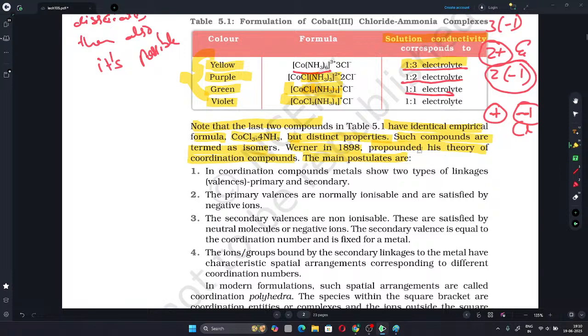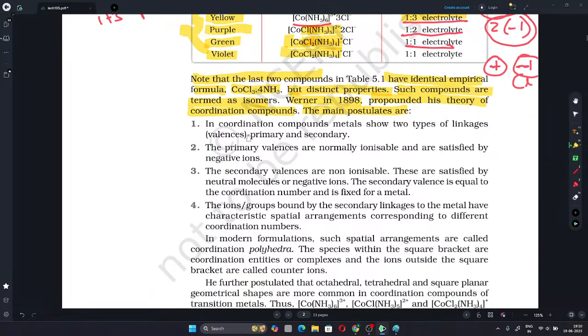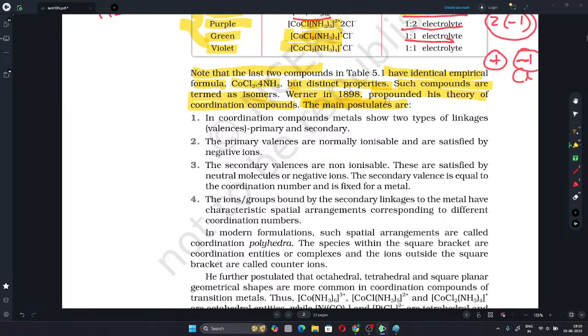So let's come back to the postulates again. The main postulates about Werner. In coordination compounds, metals show 2 types of linkages, valences, primary and secondary. The primary valences are normally ionizable and are satisfied by negative ions.